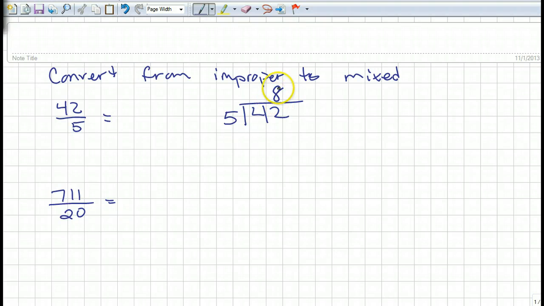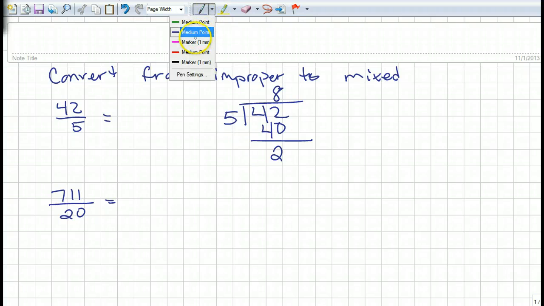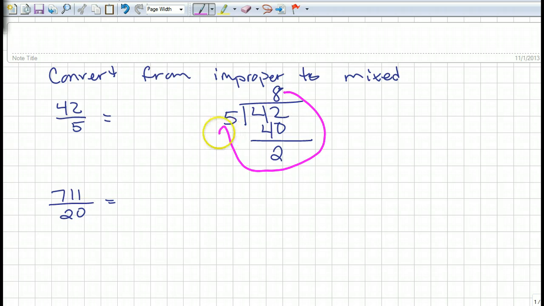So it'll be 8 times 5 is 40, and I have a remainder of 2. One thing you need to know is we're going to look at this clockwise. So I'm going to start with the number 8, go through the number 2, and end with 5. So this will be 8, 2 over 5. Okay? You always look at it clockwise.